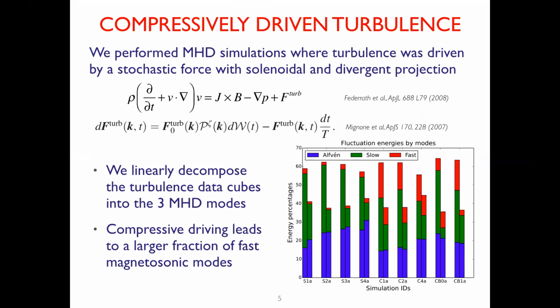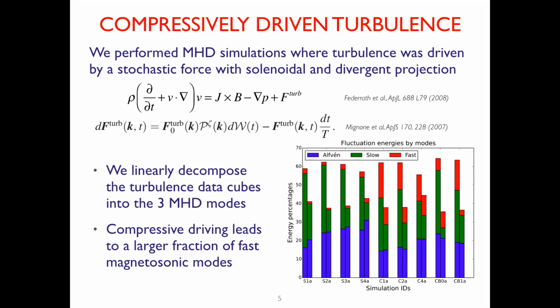So what we did was, we did MHD simulations of MHD turbulence. And for this, it's readily available in MHD codes. You can add a force in your momentum equation, which is the first equation. So you take your momentum equation and you add a forcing term. And we took a specific kind of forcing term, which is called OU forcing.